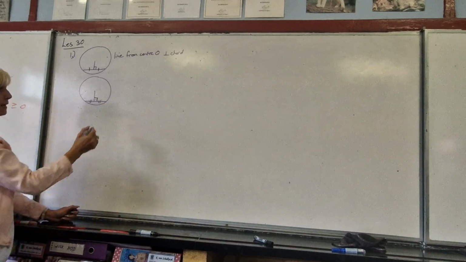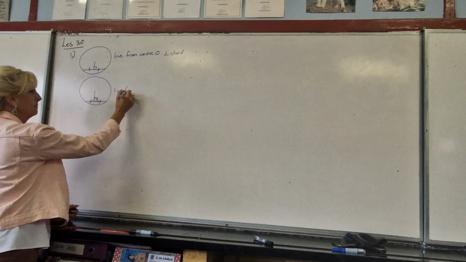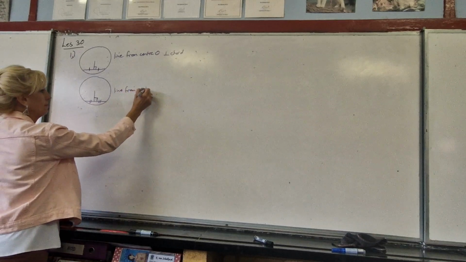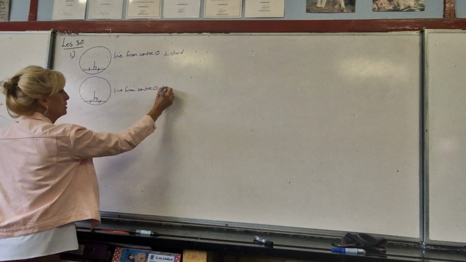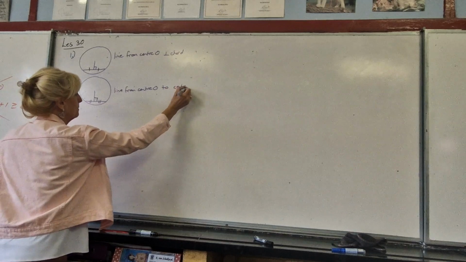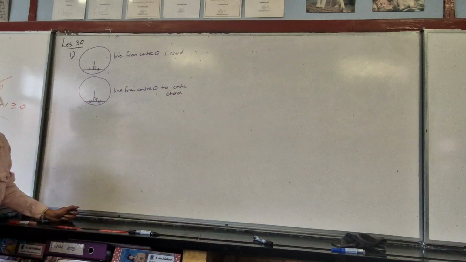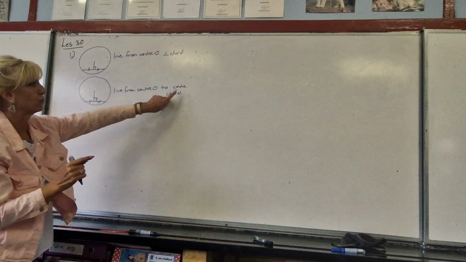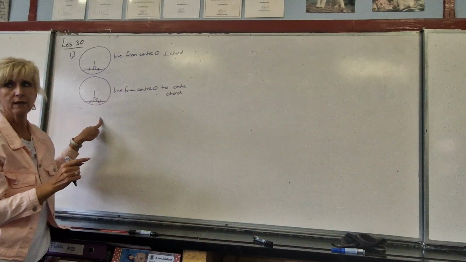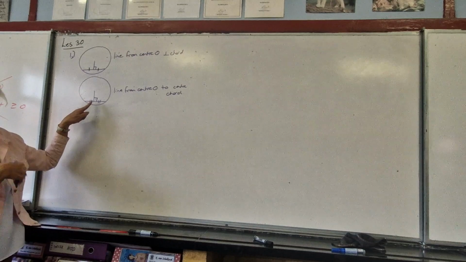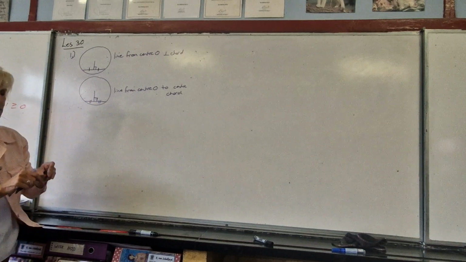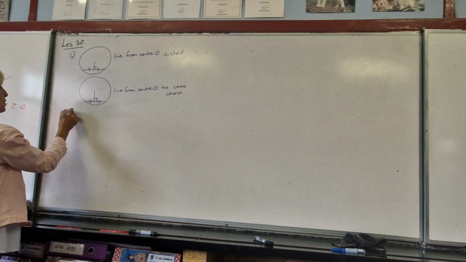So then we say line from the center of a circle to the midpoint of a chord, or bisecting a chord, anything like that, but it must have the correct wording. You can't say that for here, because it's not given perpendicular, you're deducing it's perpendicular. That's theorem 1.